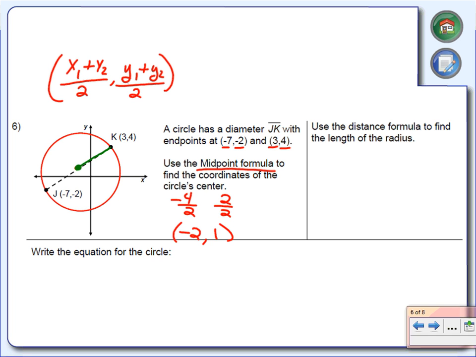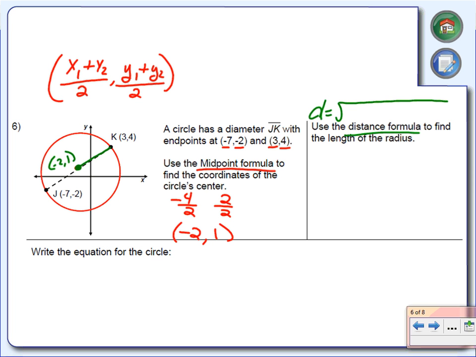So what we're going to have to do is use the distance formula to find the distance from the center, which we've already said was at negative 2, 1, to this point 3, 4. All right, so what is the formula for the distance? Here it is. And this is on your formula chart. It's not like it's something you have to memorize.